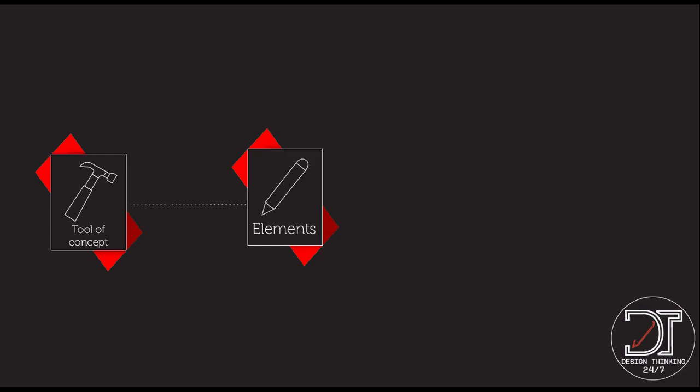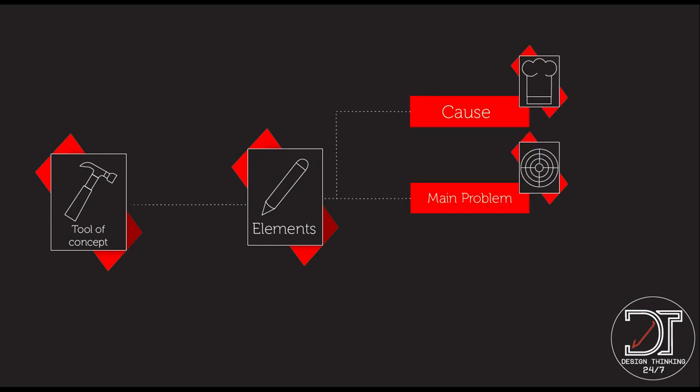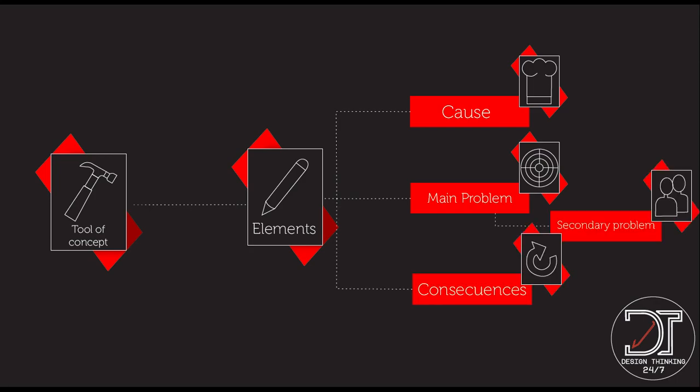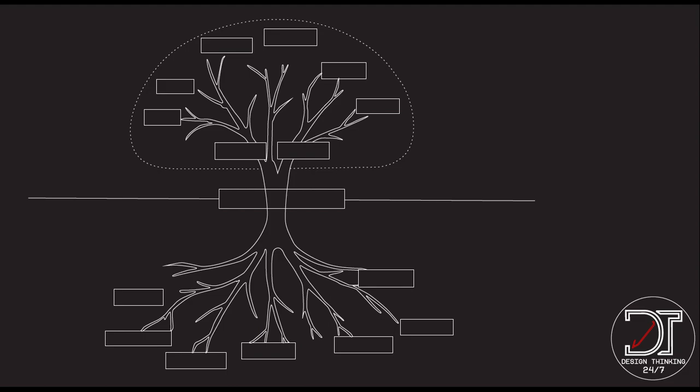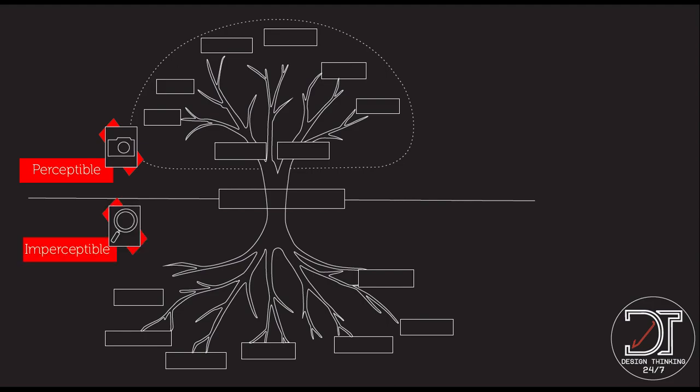It has the following elements: causes, the main problem, from the main problem come secondary problems, and finally we have the consequences. This tool is also known as a problem tree. This is the model of an issue tree. It's divided between perceptible components and imperceptible components.